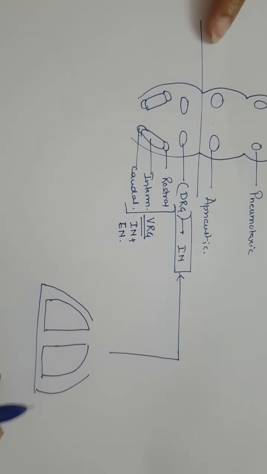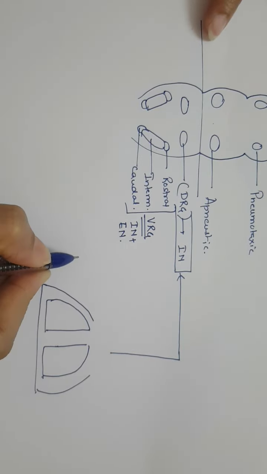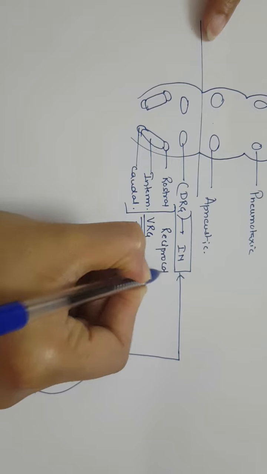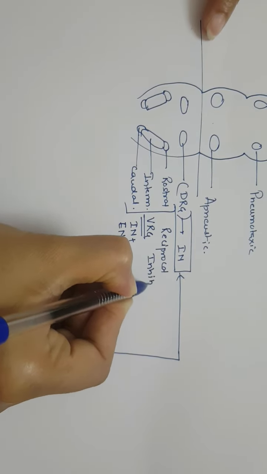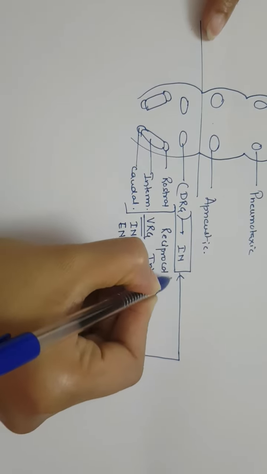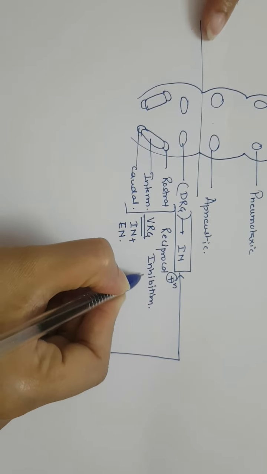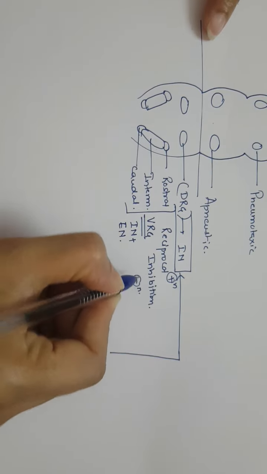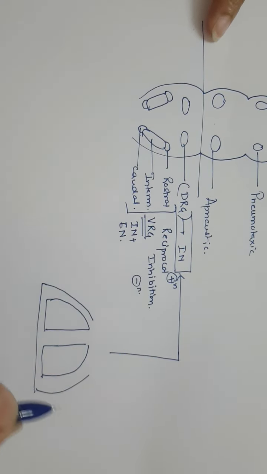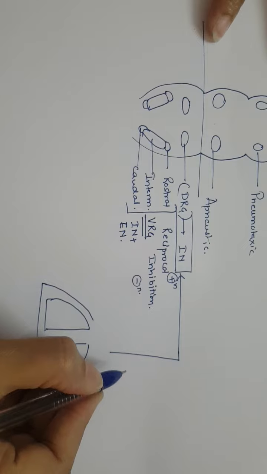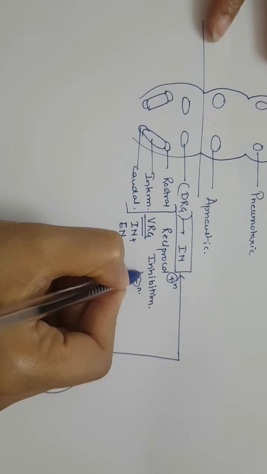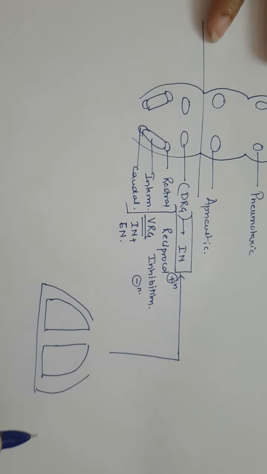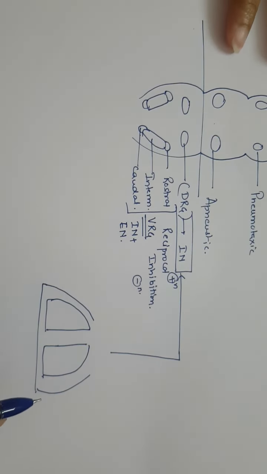Normally the inspiratory neurons and expiratory neurons work in a reciprocal inhibition pattern. What is reciprocal inhibition? It means if one neuron is stimulated, the other neuron will be inhibited. So if there is stimulation of inspiratory neurons, there will be inspiration. At the same time, there will be inhibition of expiratory neurons and therefore inhibition of expiration. This is called reciprocal inhibition.